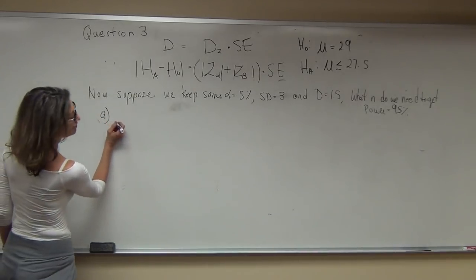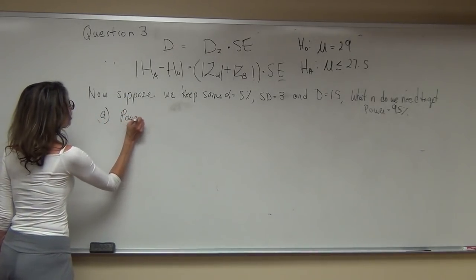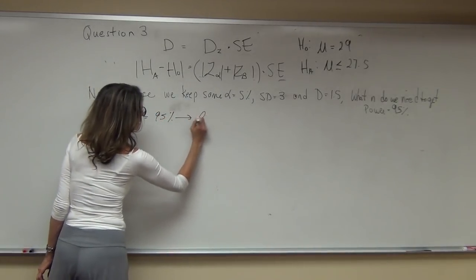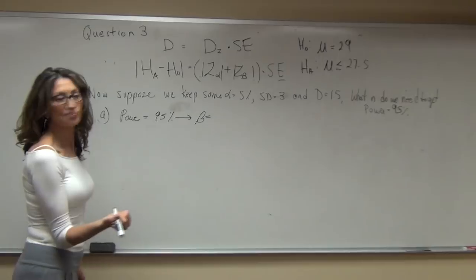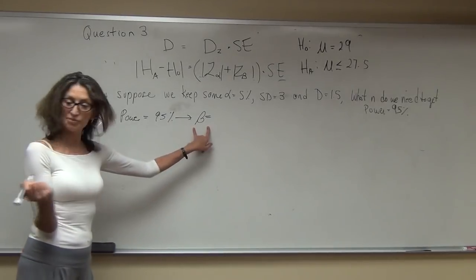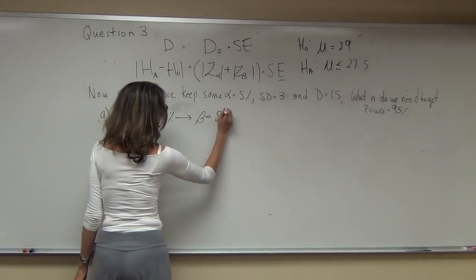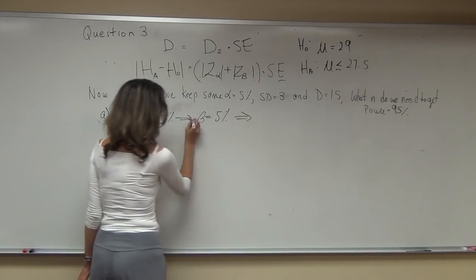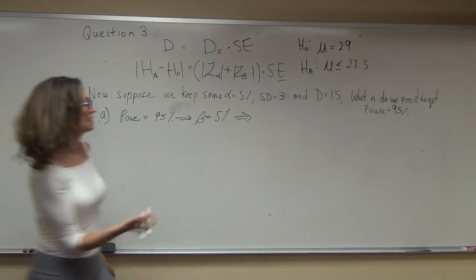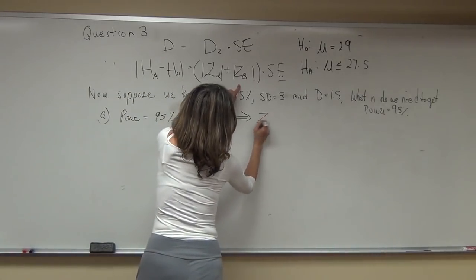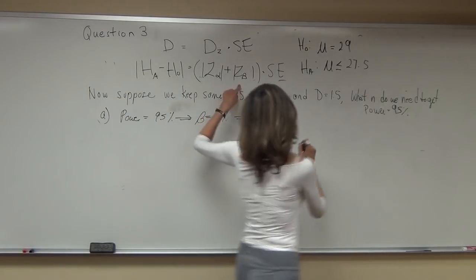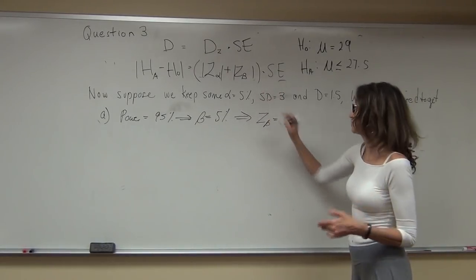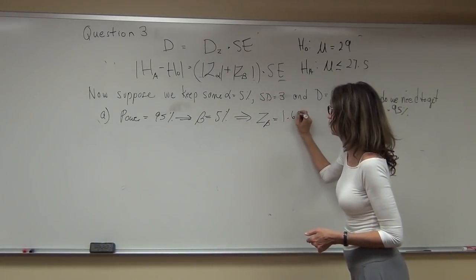Power equal to 95% means beta equals what percent? They have to add up to 100, so this is 5%, which means Z beta is going to be what? If it's 5%, it's going to be 5% in each tail, 90% in the middle, so that's 1.65.